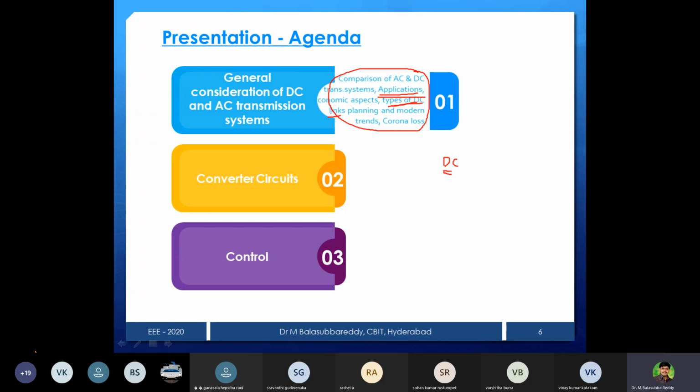The reason is we are using line commutated inverters. That means the same phase control rectifier can act as a rectifier or can act as an inverter. At what conditions? What do we need to do to convert rectifier into inverter or inverter into rectifier? What do we have to do there?